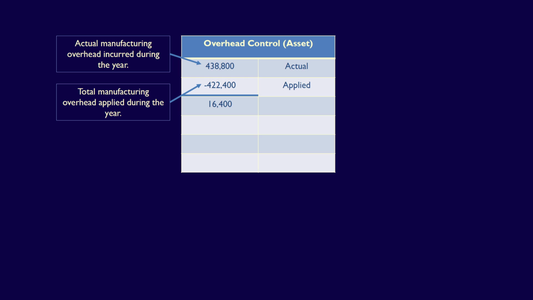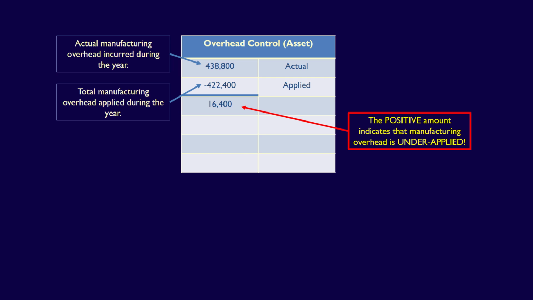This time we see that there is a positive balance of $16,400 remaining in the overhead control account. This means we applied less than the amount we incurred, and as a consequence, we don't have enough overhead in the work-in-process inventory account. When manufacturing overhead has a positive balance, manufacturing overhead is underapplied, meaning too low. We didn't transfer enough.